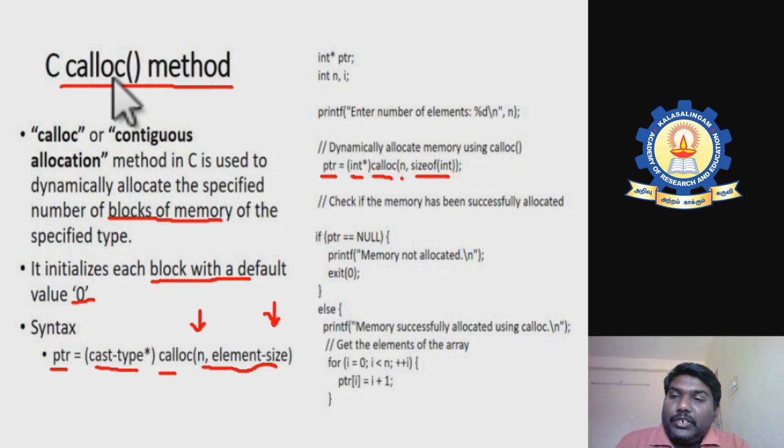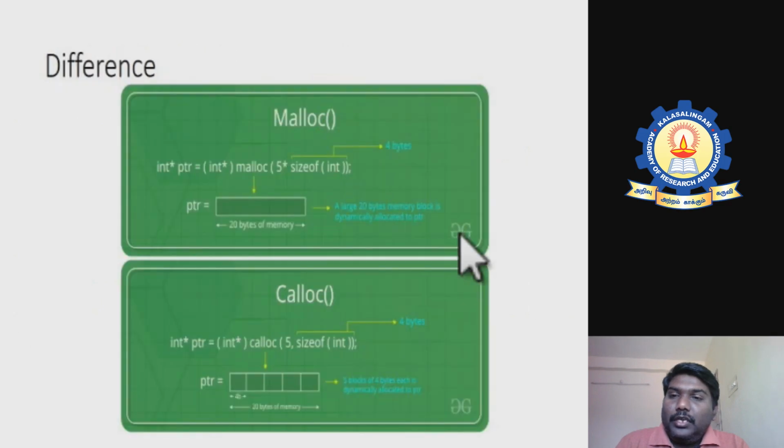Now coming to the difference between calloc and malloc, let's see what is happening in the memory. I told you malloc will create a single block of memory. So with this syntax, 5 into size of integer, it will create 5 into 4, that is 20 bytes in the memory, and this is a single block. And with calloc, if we have 5 comma size of integer, it will allocate 5 different memory locations, individual blocks, each of integer size.